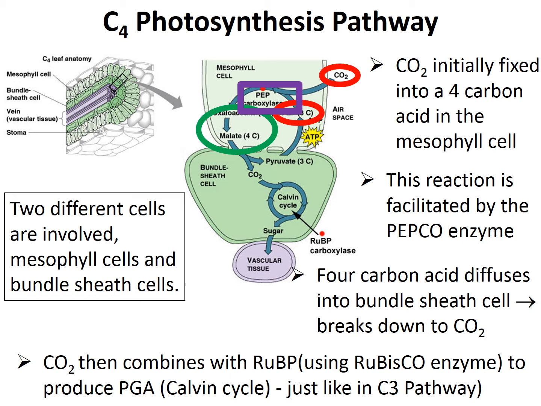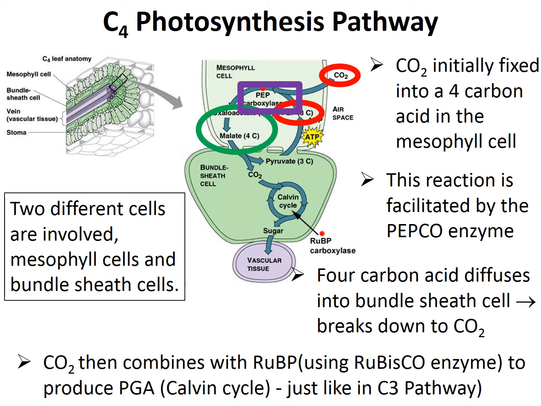Carbon dioxide is fixed by PEPCO, turned into a 4 carbon acid, hence the C4 pathway, and then is shuffled across to the bundle sheath cell, where it is going to break back down into carbon dioxide, undergo the Calvin cycle, and then eventually become a sugar.